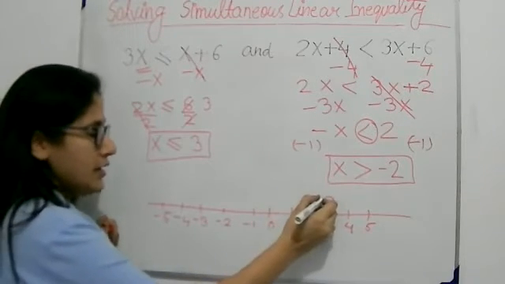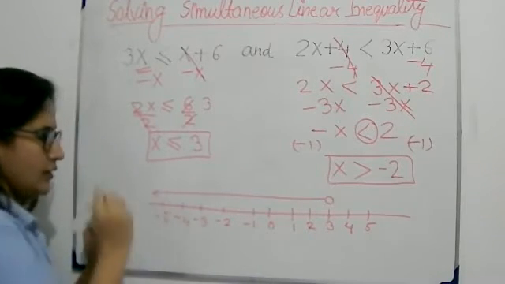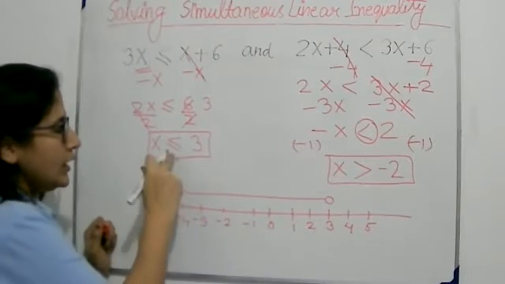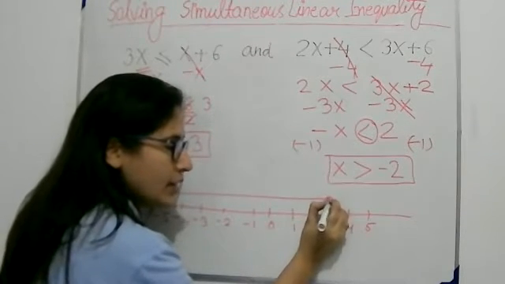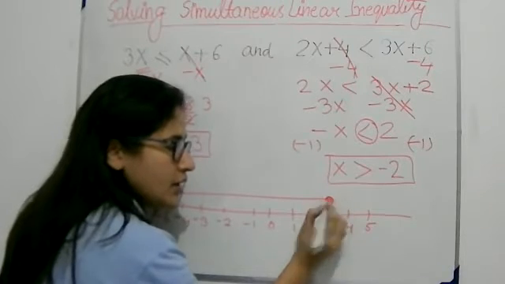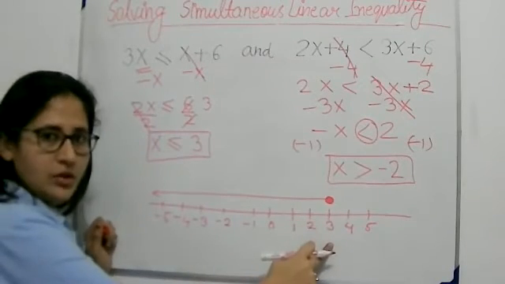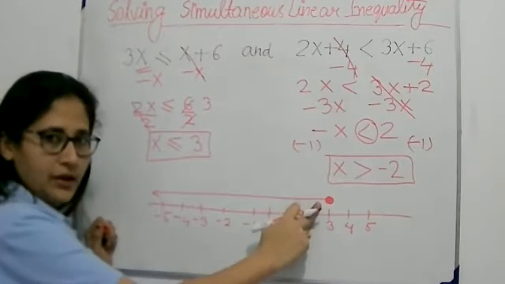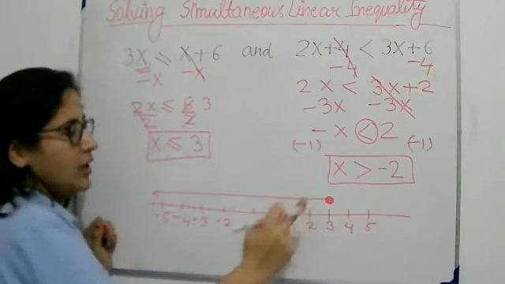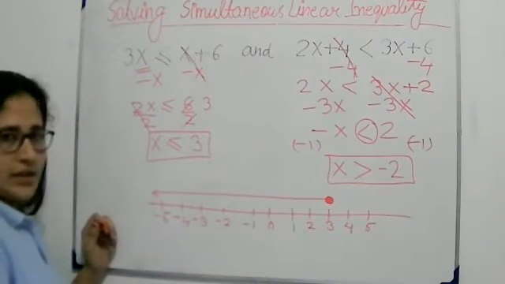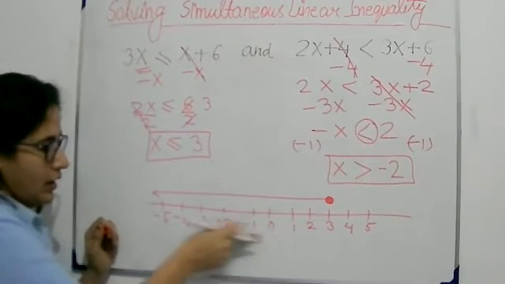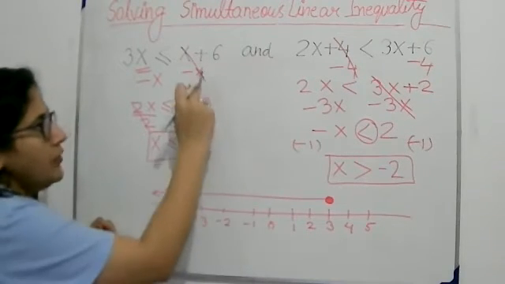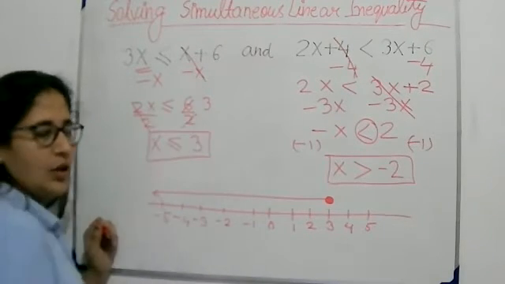Less than 3 means the arrow will point backward. It is equal to 3, so the circle will be filled, because we are including 3 also. It will not be hollow. Then we can see all those values which are equal to 3 and less than 3 are the solutions of this inequality.